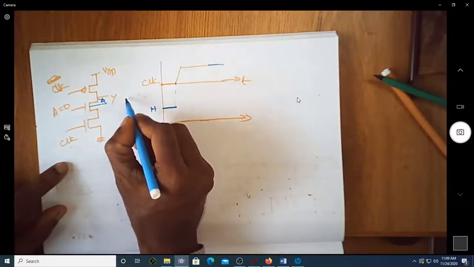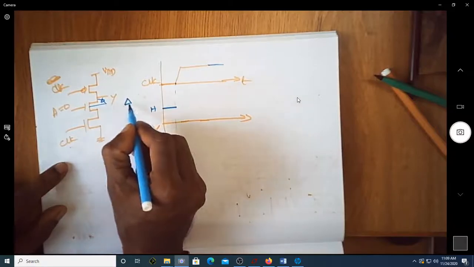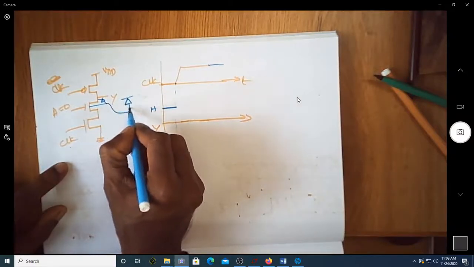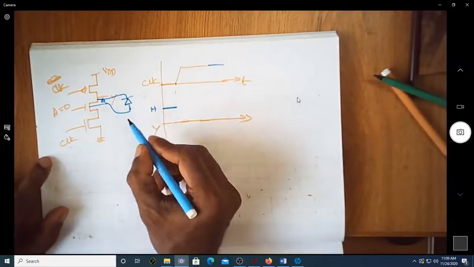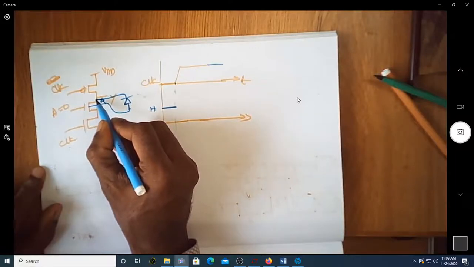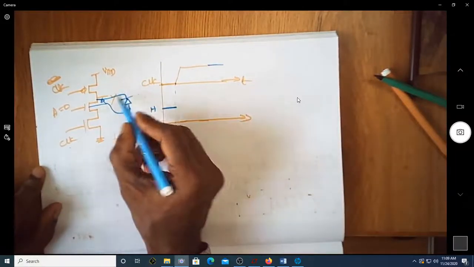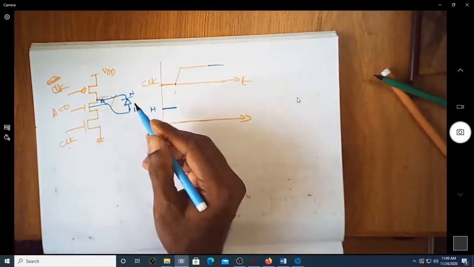Let me rewrite it. This is my P substrate, and I'm just exaggerating this. Will you have a diode something like this from drain to the bulk? Because I know that the drain is N-type and the bulk is P-type.